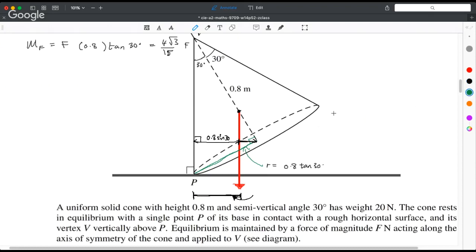So maybe to make it a bit clearer, let's do it in orange. Here we go. So this full thing is 0.8 sine of 30. And then this piece here is 2/3 of it. And that's the same as this piece here.